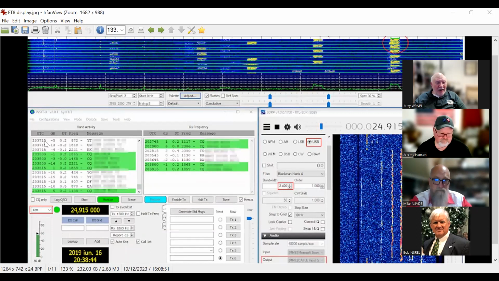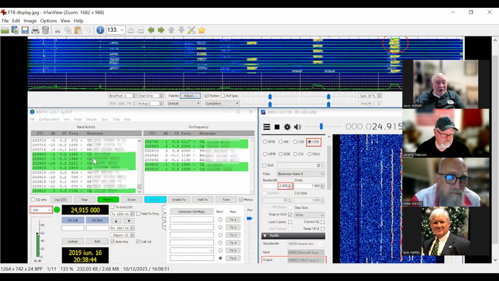And you have to have a special program that will give you exact time for your computer, because this comes in some 15-second bursts. And you can see some of these guys are calling stations. These guys are calling CQ.